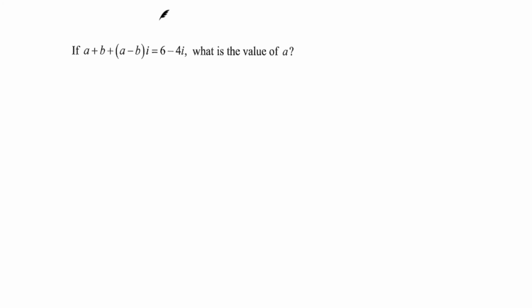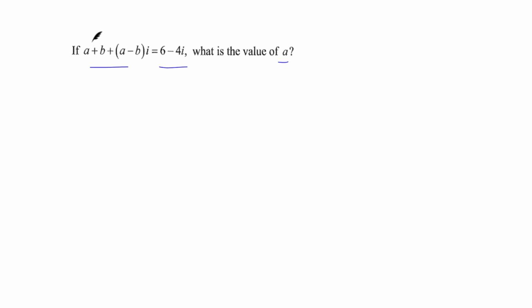Let's have a look at this question. If (a + b) + (a − b)i equals 6 − 4i, what is the value of a? Now we have an equation, and an equation is true only if the left hand side is equal to the right hand side. That's all you need to understand.